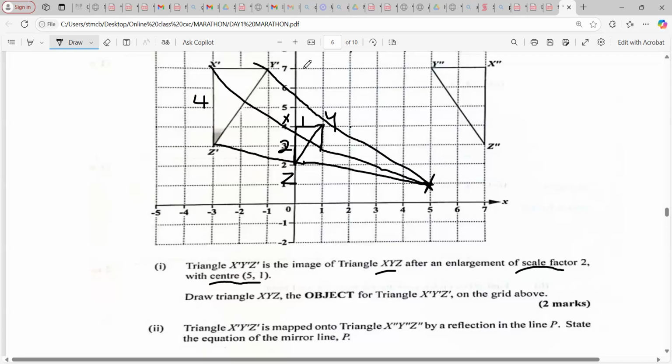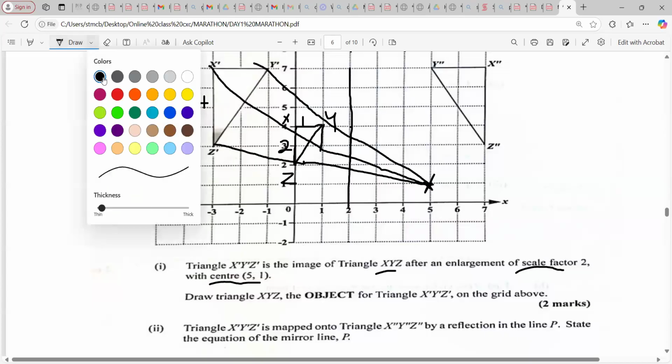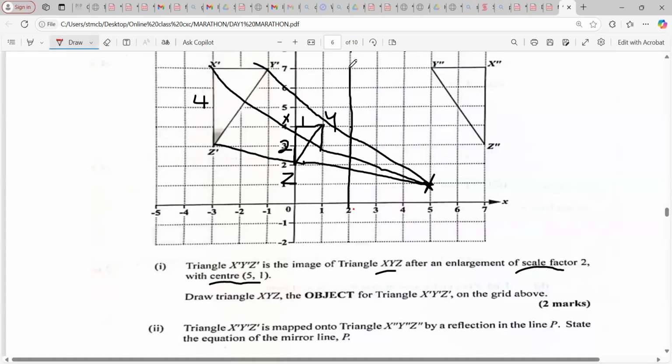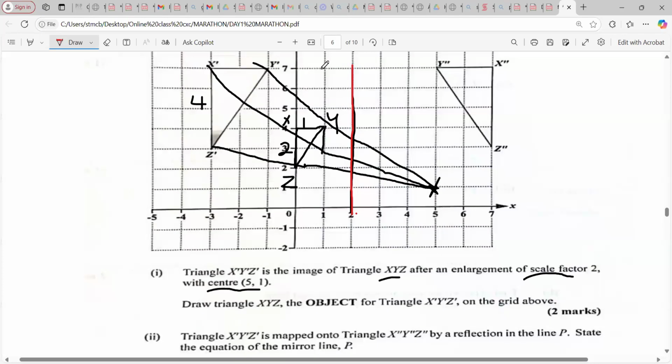So that'll be 1, 2, 3. Because each point should be the same distance from the mirror line, I'm putting a red line here. Each point must be the same distance: 1, 2, 3, 1, 2, 3, right?